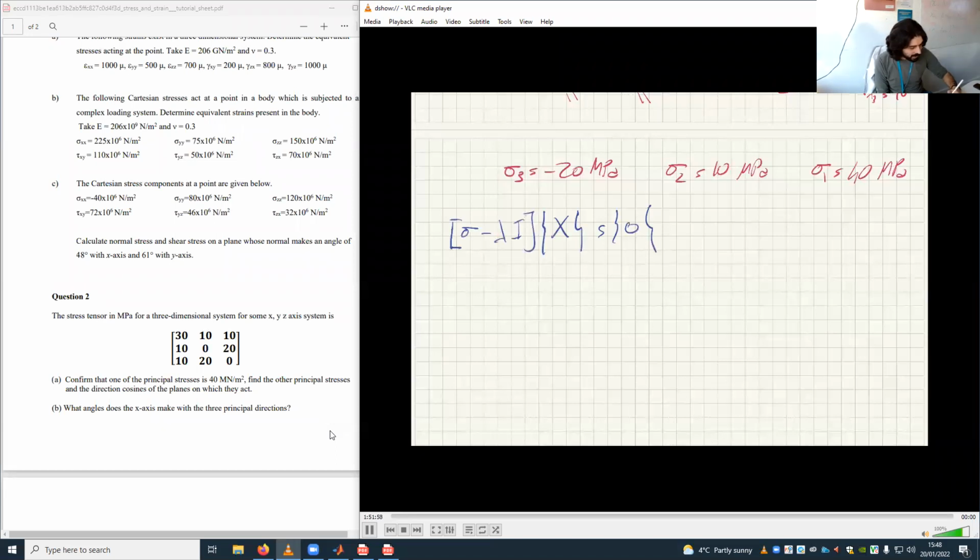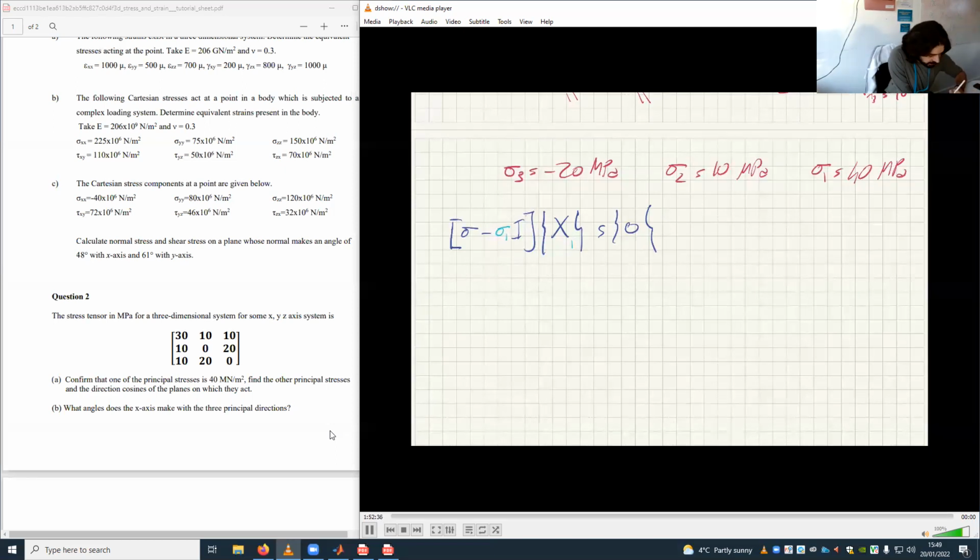If you want to find x1, you need sigma 1. So if you remove sigma 1 from the diagonal, you find x1 by solving this. These are three equations in two unknowns, because we made sure that this determinant is 0. So we have an overabundance of equations with respect to unknowns.